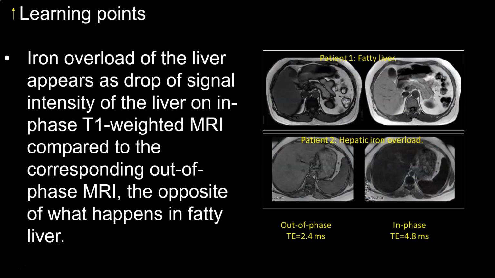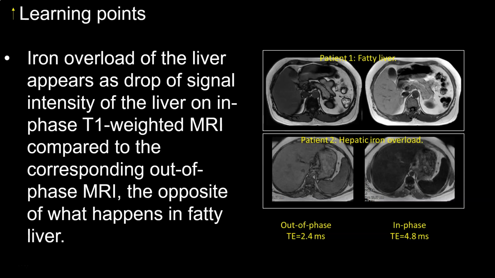Iron overload of the liver appears as drop of signal intensity of the liver on the in-phase T1 weighted MRI compared to the corresponding out-of-phase MRI. Not because that is an in-phase image, but because the TE is higher on the in-phase images than in the out-of-phase images in most of the institutions.